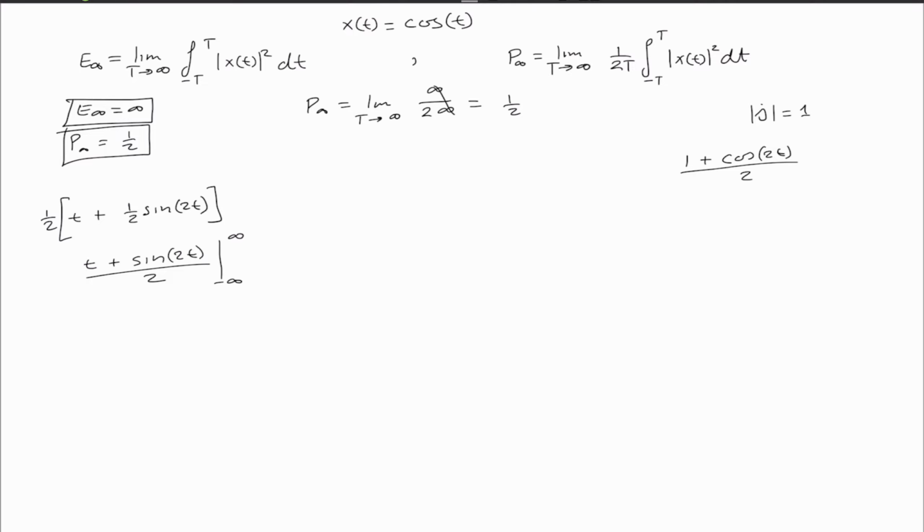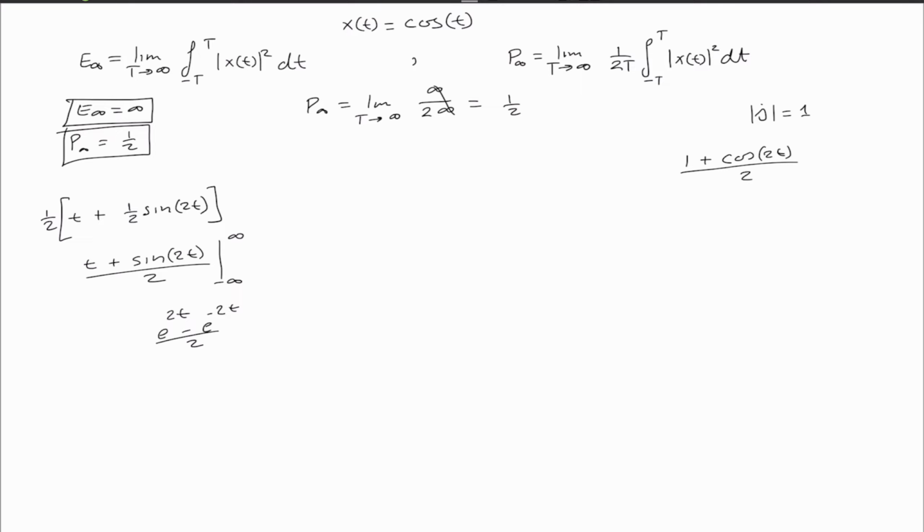This is because the exponential form of sine is e to the, in this case, 2t. Remember, the j components are 1 because we're evaluating the magnitude of the signal. That's minus e to the negative 2t all over 2, and that is in the numerator of the expression.